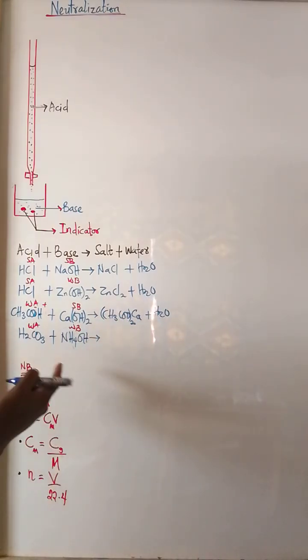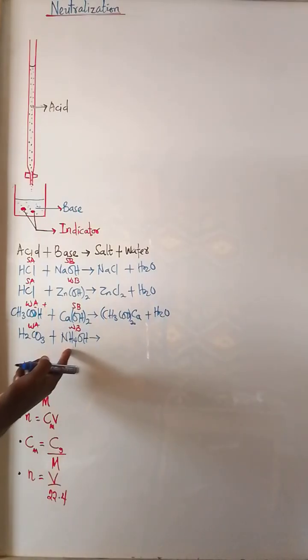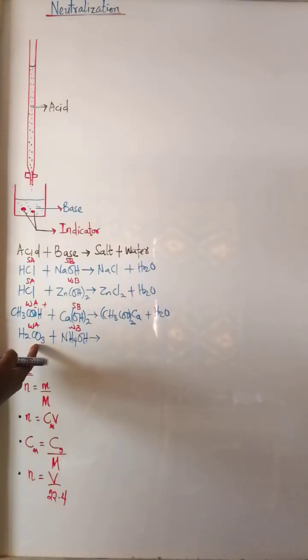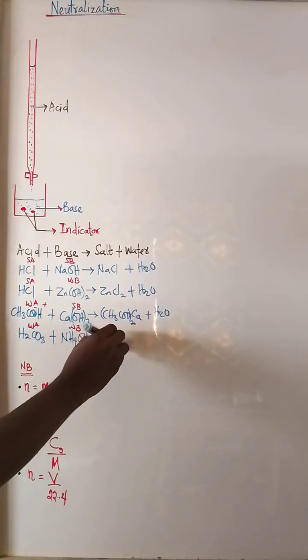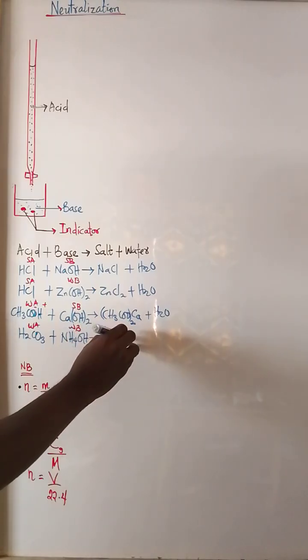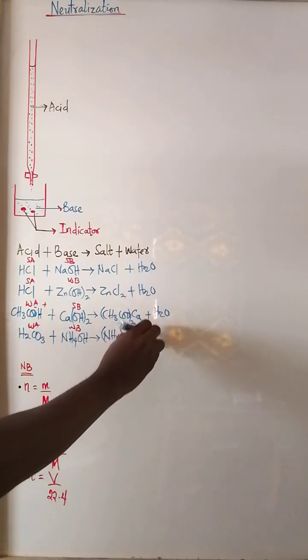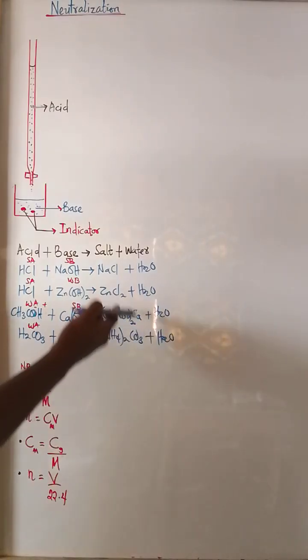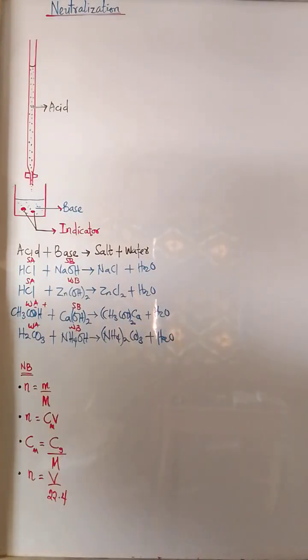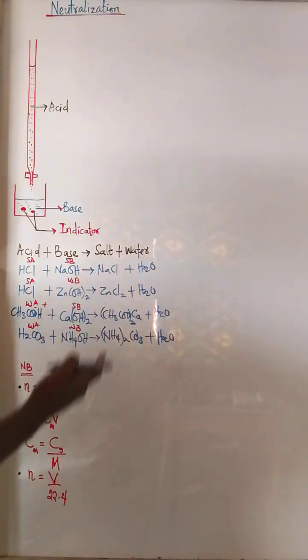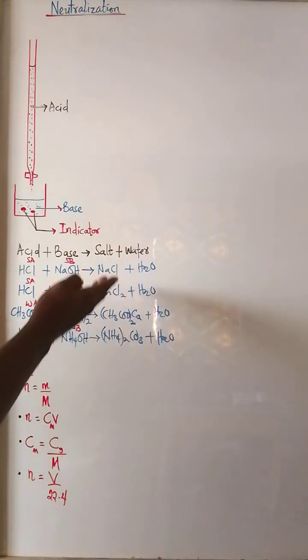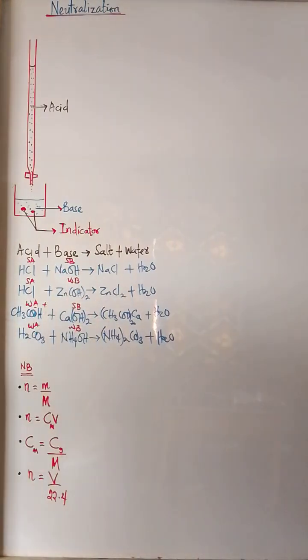In this case, what are you going to have? This ammonium ion will come with the carbonate. So you are going to have (NH4)2CO3 plus H2O. Everything we have here are all salts, and they are all normal salts.